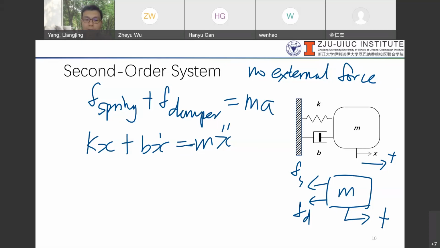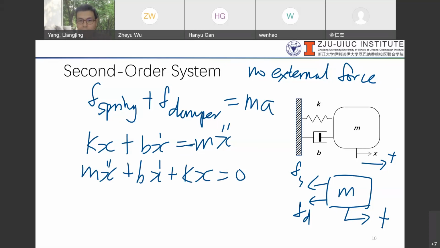Okay, so if we bring all of them to the same side, all right. So that is when we have no external force. Okay, that's when we have no external force.